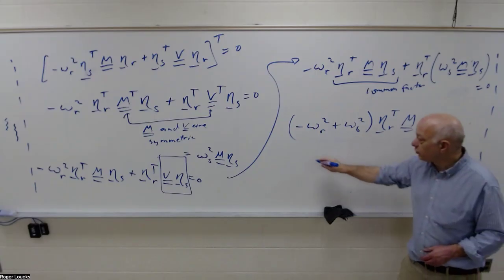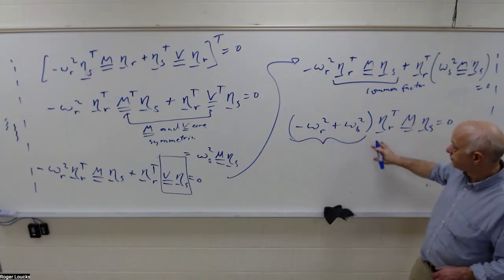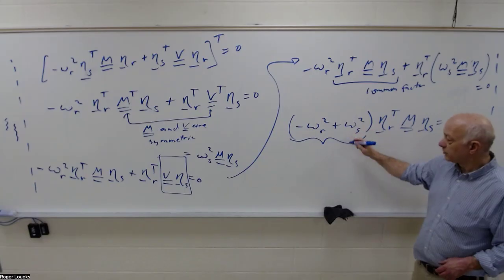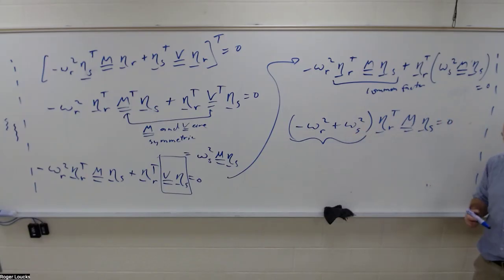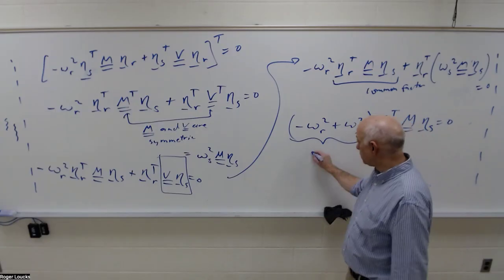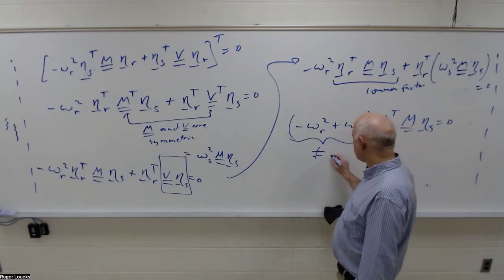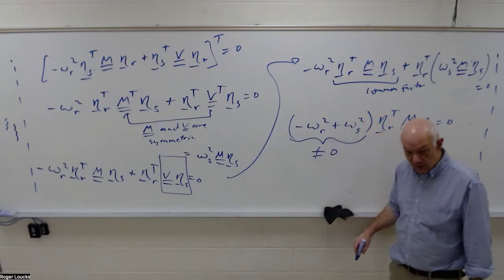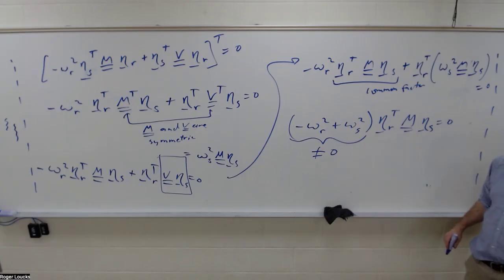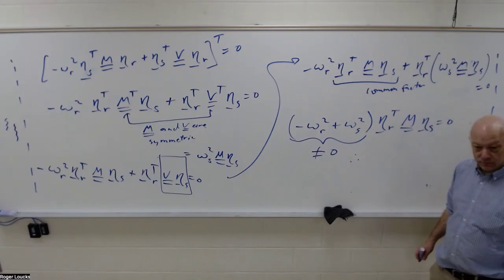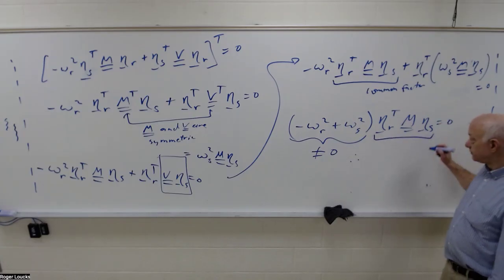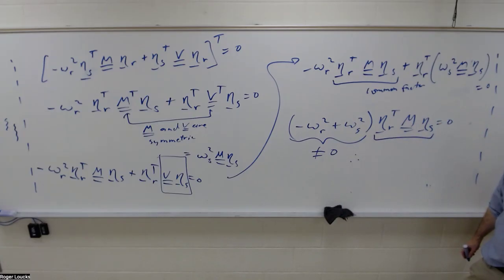What do you know about this term right over here? Tell me something it doesn't equal. It doesn't equal 0. How come? Because what did we assume about omega R and omega S? They're not equal. Therefore, this term has to be 0.